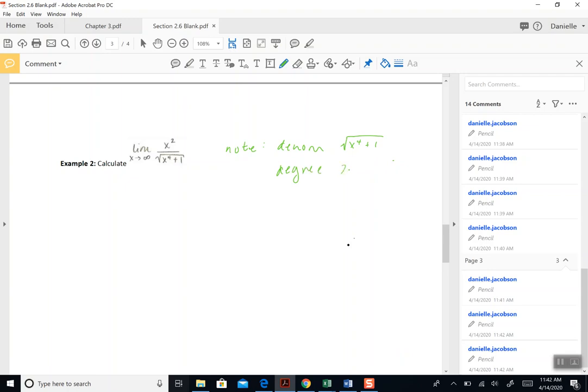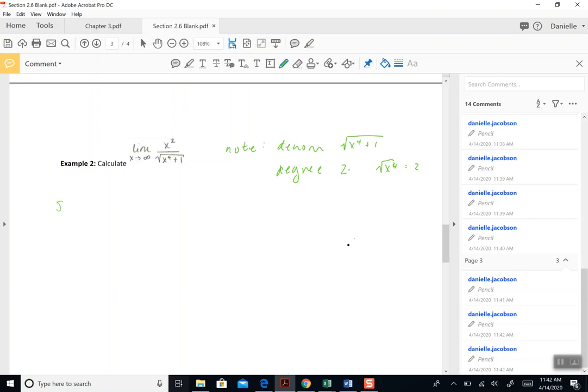is 2. And that's because the square root of x to the fourth is x squared, so the degree is 2. So in here, I actually know that the degree in both the numerator and the denominator match.